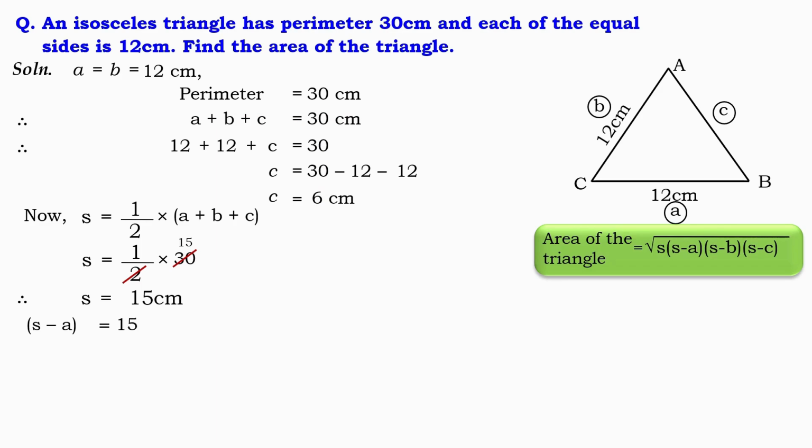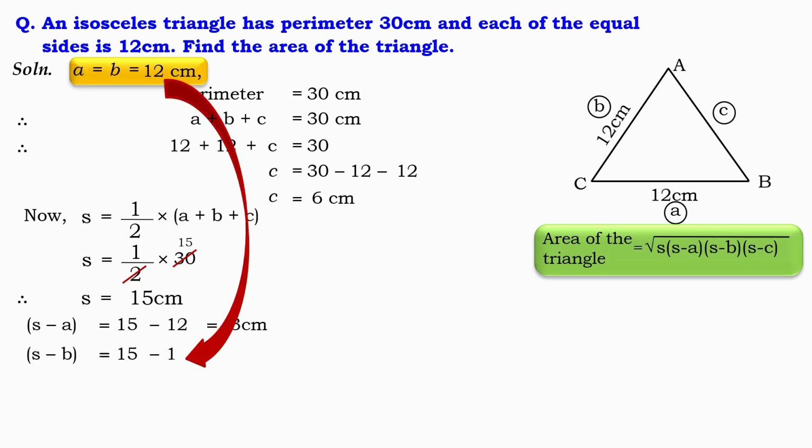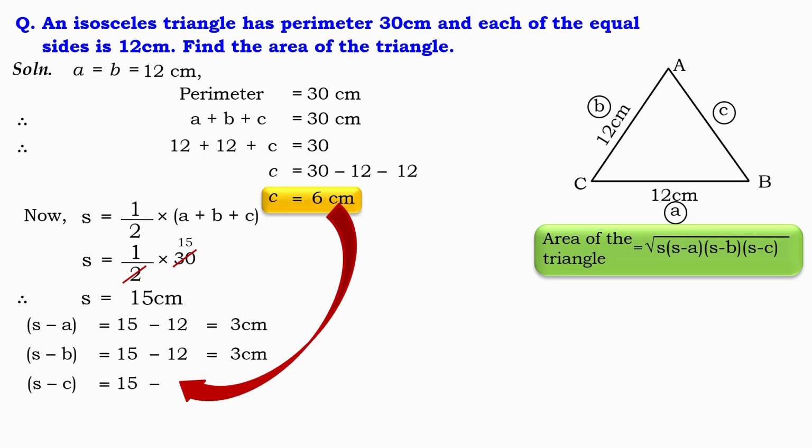So s minus a will be 15 minus 12, which is 3 centimeter. Similarly, s minus b is also 3 centimeter because a and b are the same. Now s minus c will be 15 minus 6, which is 9 centimeter. So now we know all these values.